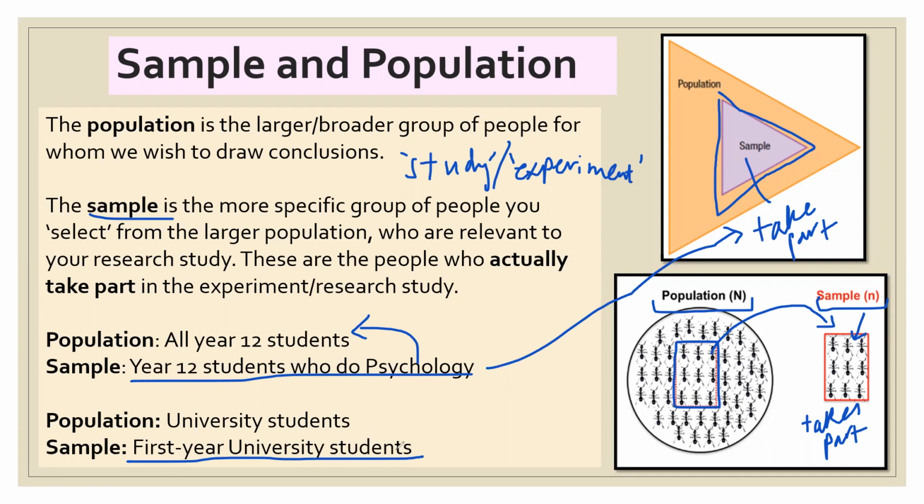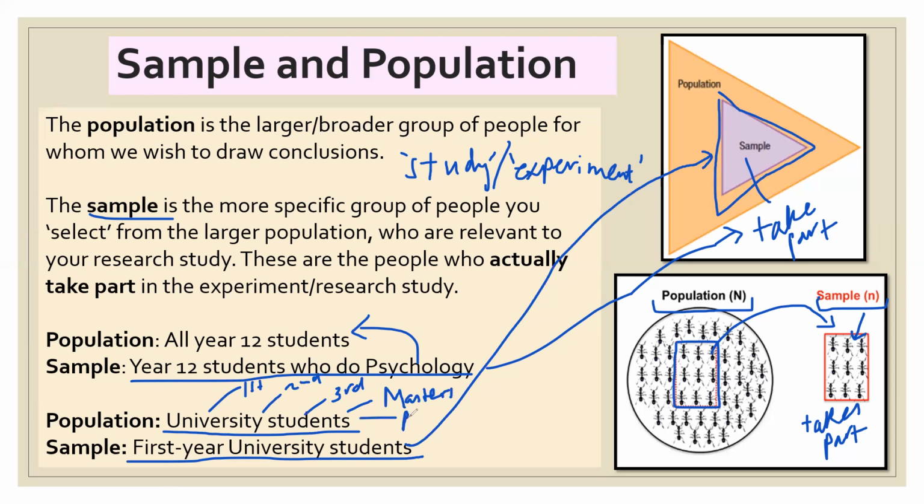But first-year university students are like the little purple triangle, and the bigger group of people from which I would take these first-year university students would just be university students in general. So we're talking first year, but also second year, also third year, also master's level, also PhD level. So all university students would be included in that broader population there.